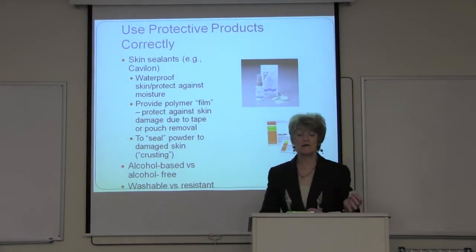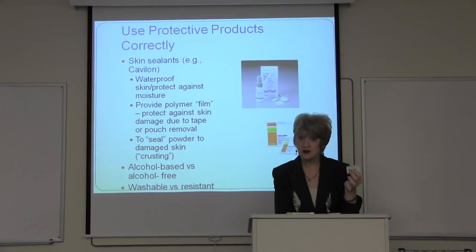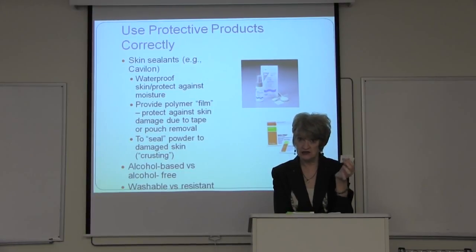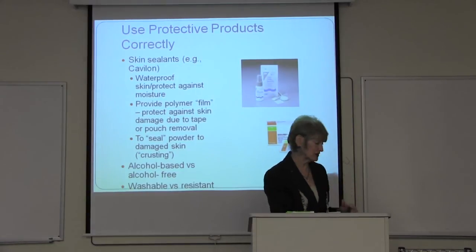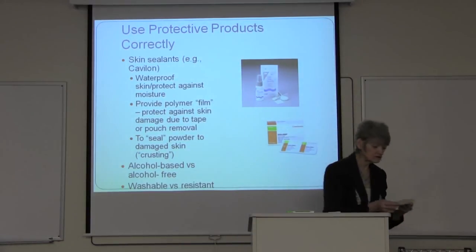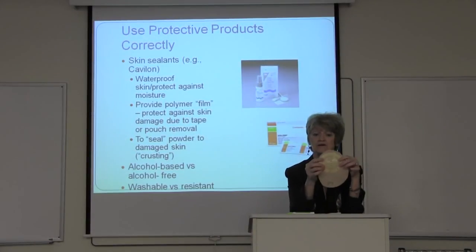Now, I will go ahead and mention the fact that some companies recommend that you not use skin sealants under their pouches. And when they make that recommendation, I want to explain why. And we'll come back to this when you're on site.